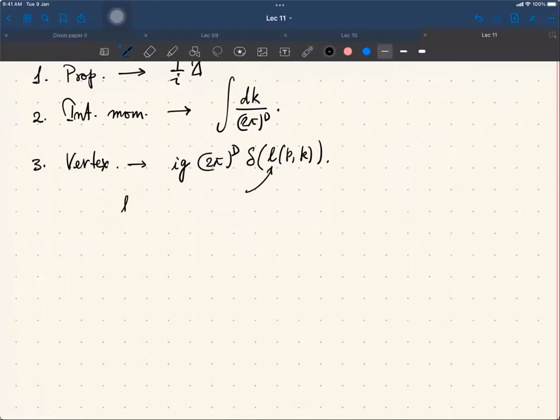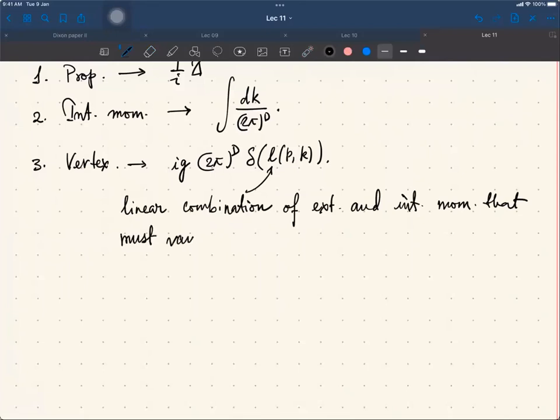So this is a linear combination of external and internal momenta that must vanish due to momentum conservation.